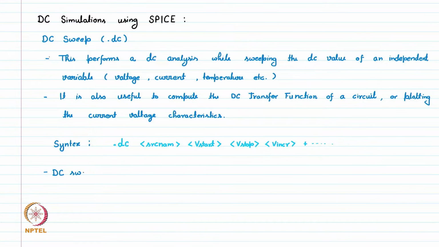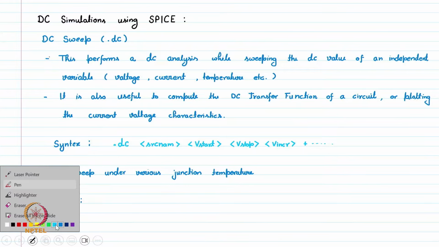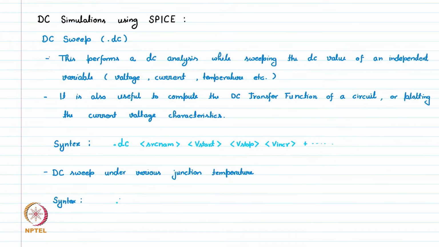DC sweep under various junction temperatures. The syntax is .temp, this is T1, T2 and so on.